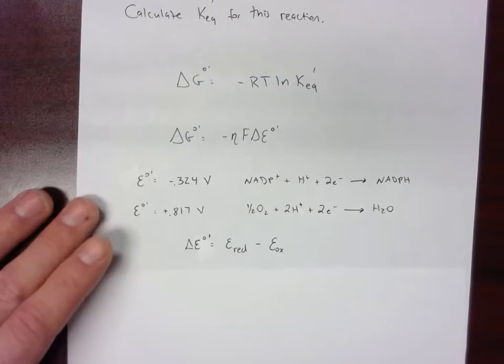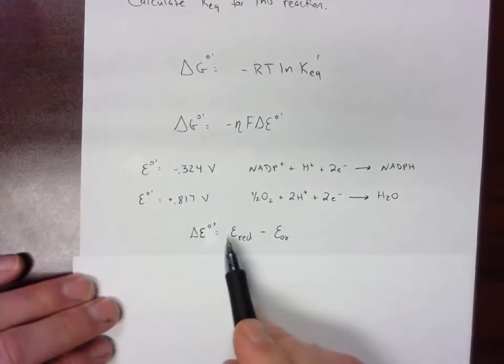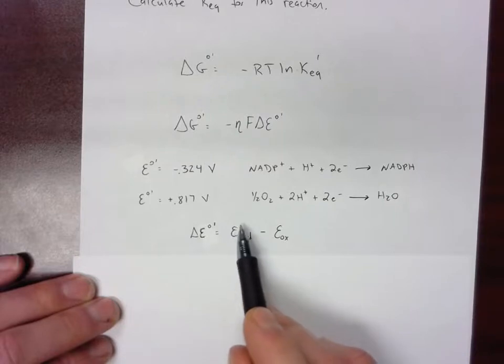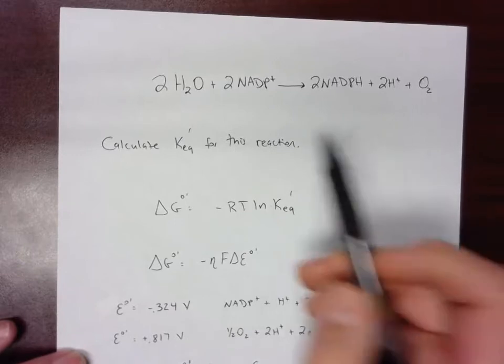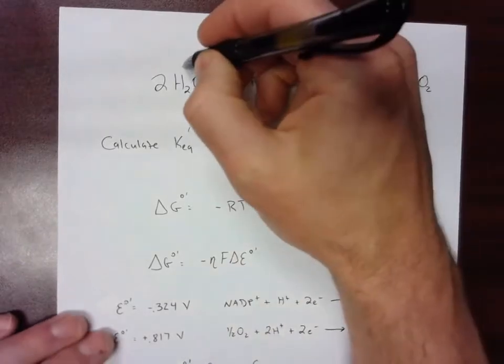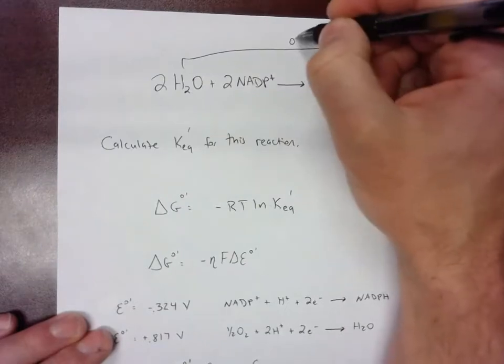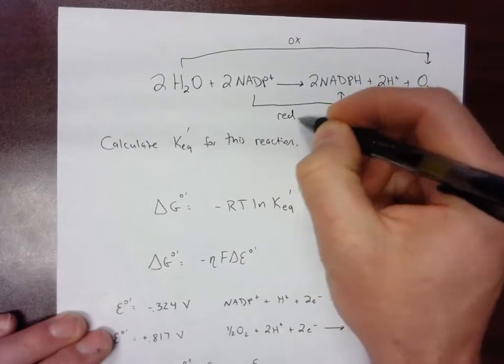And the way this works is first we have to calculate the delta E. And in order to do that, we need to figure out what's getting reduced and what's getting oxidized. But I just told you that water is getting oxidized, and NADP therefore must be getting reduced.